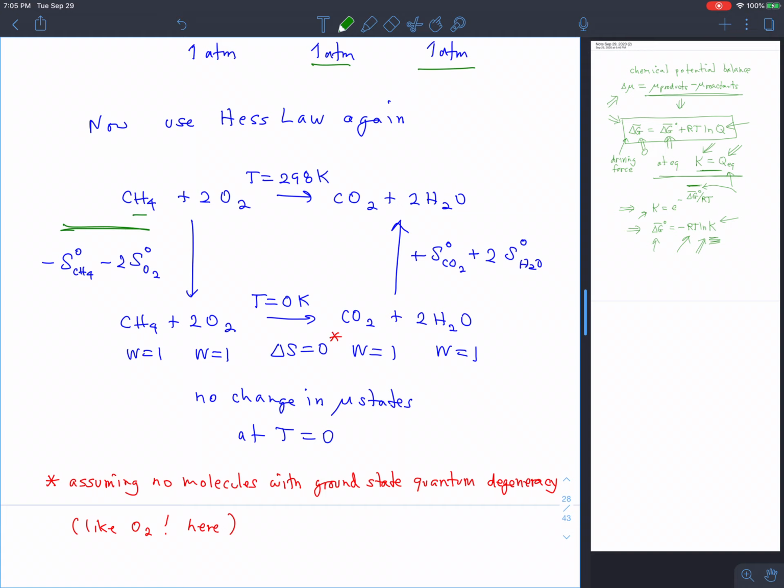We first take our reactants here, we freeze them down to 0 degrees K, where the number of microstates available to them is just 1 for each case, therefore no entropy on this side. Now we take those molecules apart, put them together. That doesn't involve any change in entropy because nothing's moving. There's only 1 microstate for each of the molecules on this side too. 1 microstate on that side, 1 microstate for each thing on that side. No change in entropy. So the chemical reaction doesn't have any entropy change down here.